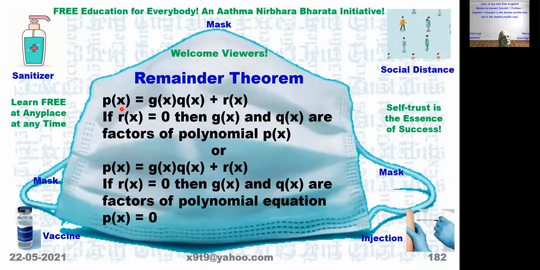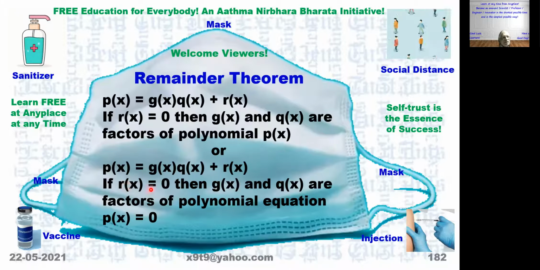So P(x) is equal to G(x) into Q(x) plus R(x). If R(x), that is the remainder, is 0, then G(x) and Q(x) are factors of polynomial P(x). Or P(x) is equal to G(x) into Q(x) plus R(x).